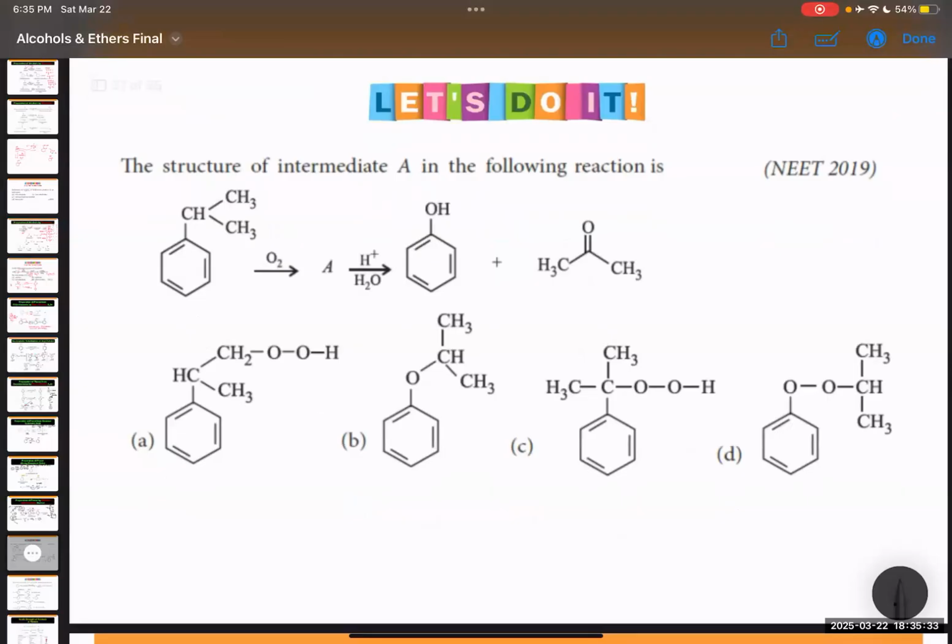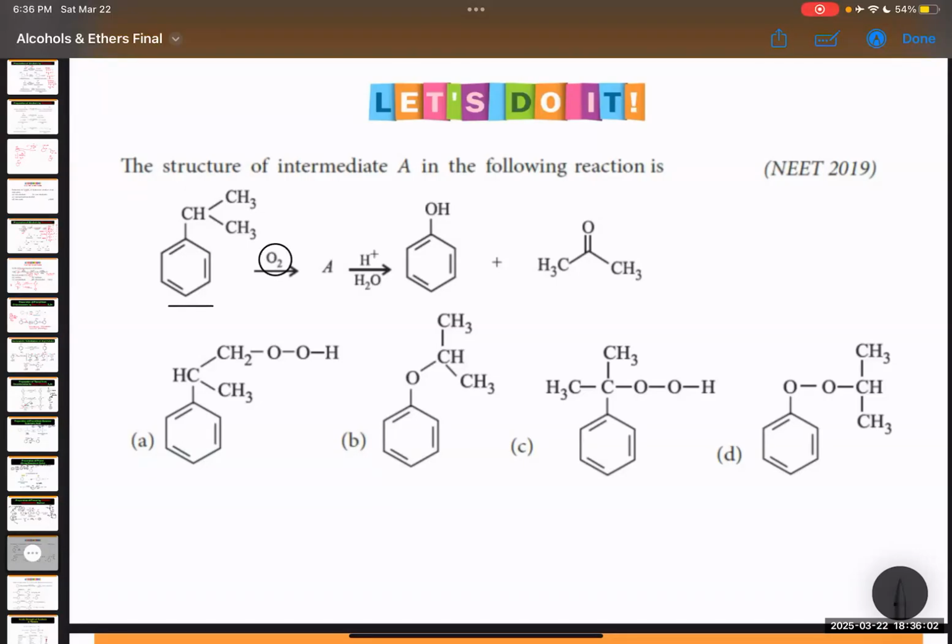So let's do this quickly. The structure of intermediate A in the following reaction. We discussed everything. You already started with cumene and you reacted with oxygen.